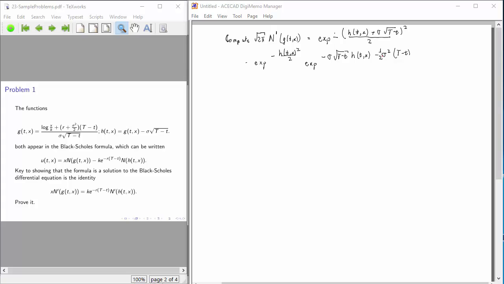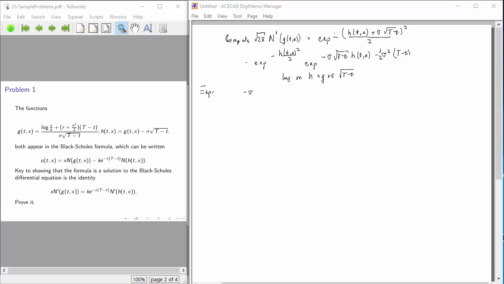Now I'm going to plug in h of t and x, but I'm going to exploit the fact that h is equal to g plus sigma times the square root of capital T minus little t. So what have I got? I've got minus sigma in the exponent.